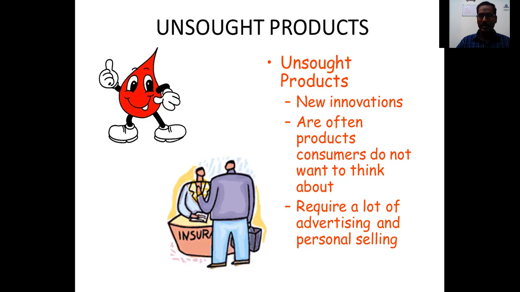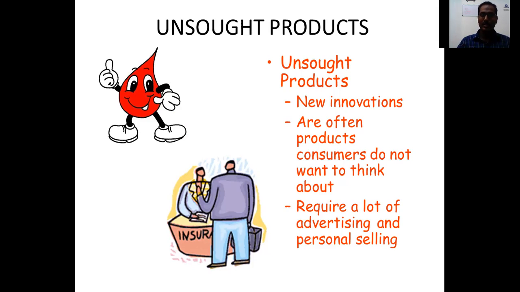They require a lot of advertising and personal selling, like LIC policy, Life Insurance Corporation. People force you to buy health insurance, so not everyone is willing to buy. So usually with personal selling, the salesperson forces you, sometimes even frightens us, gives us a fear to buy this kind of product. So these come under unsought products.